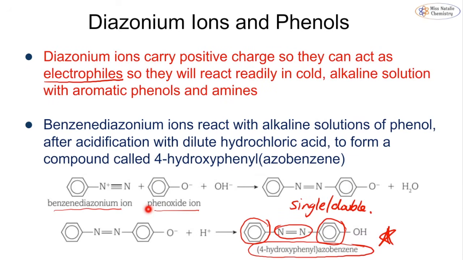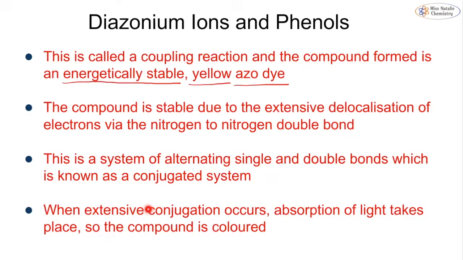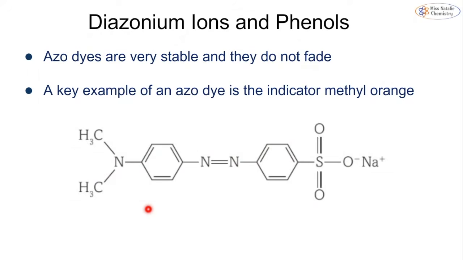When we get this conjugated system and this alternating pattern, it gives it a lot of stability because we get constant delocalization of our electrons, and it also allows an absorption of light to take place, so we get a coloured compound, and in this case we get a very bright yellow colour. Because azo dyes are very stable, they do not fade in colour.